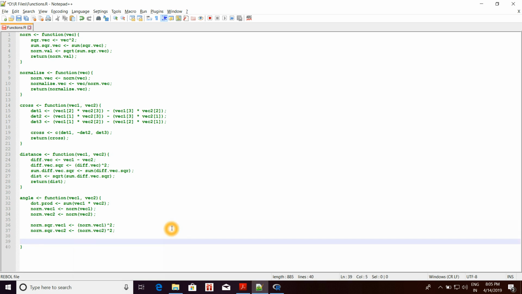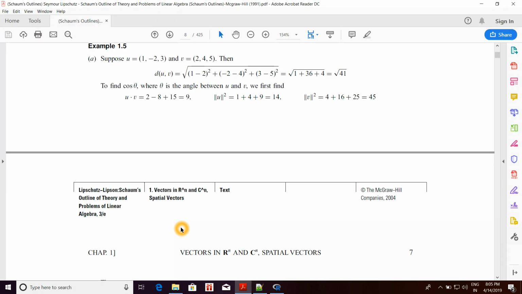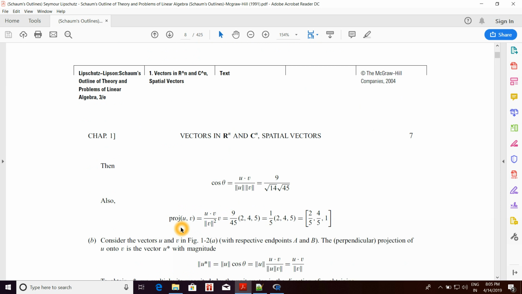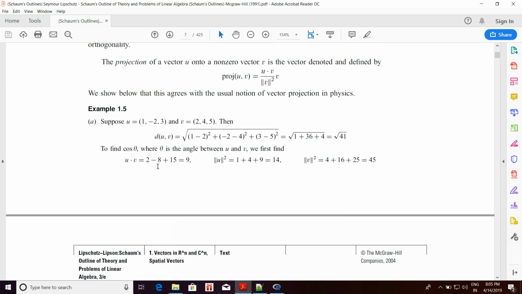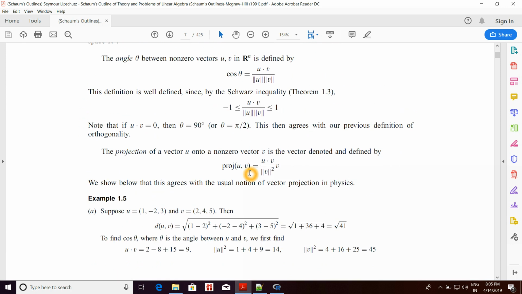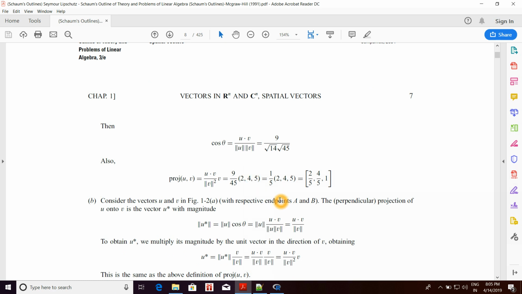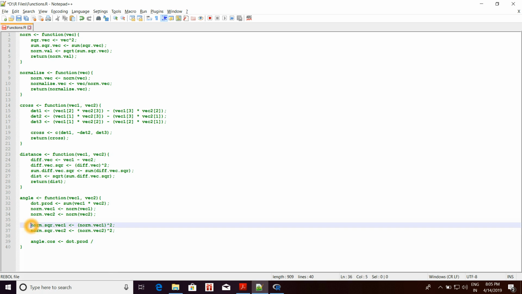Next we have to divide it, so the angle dot cos is equals to dot product and then divided by, okay, we don't need the square, we only need the norm, so we don't need these two.